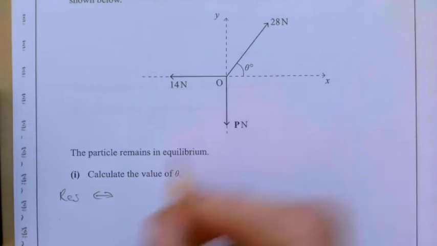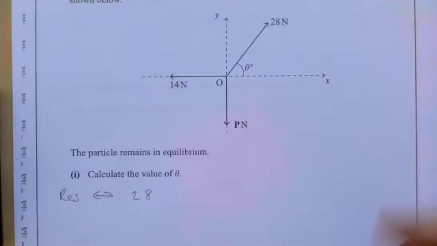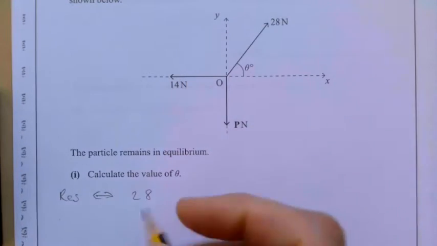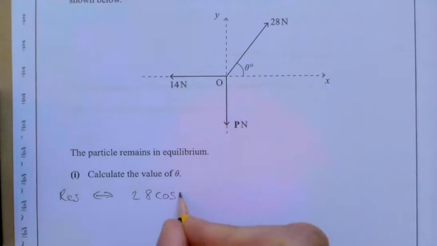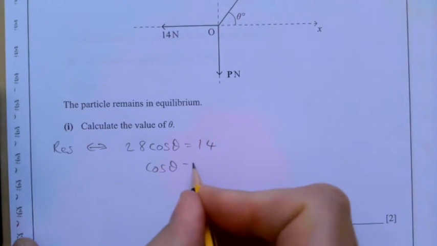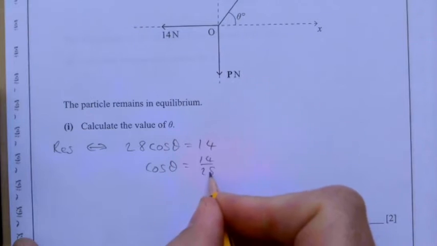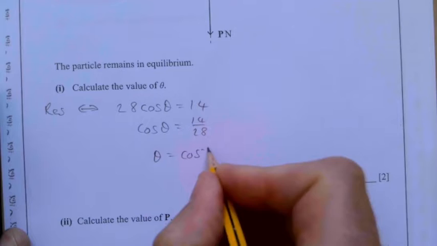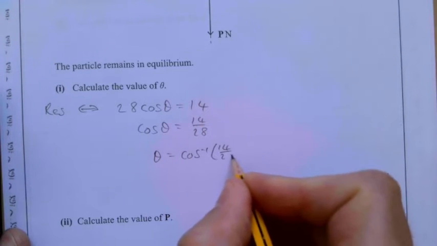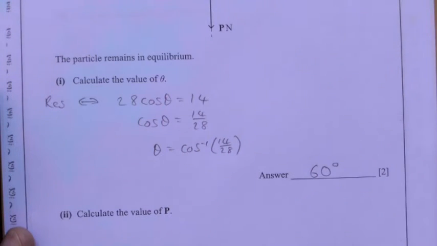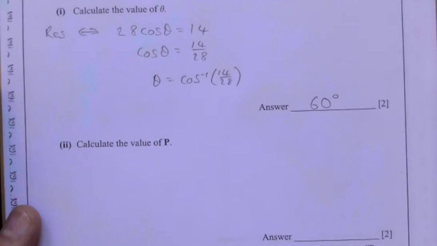Resolving this way, going this way is going to be 28, and going across that angle is going to be cos theta, and that gives 14. That means cos theta is 14 over 28. That means theta is cos to the minus 1 of 14 over 28, and if you put that into your calculator, you'll get 60 degrees.